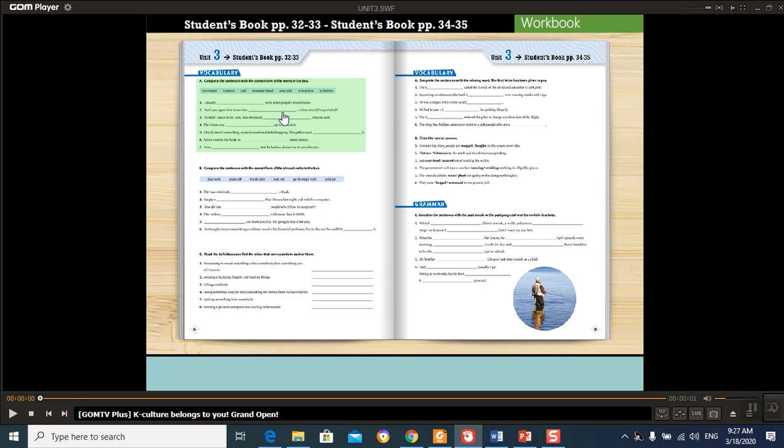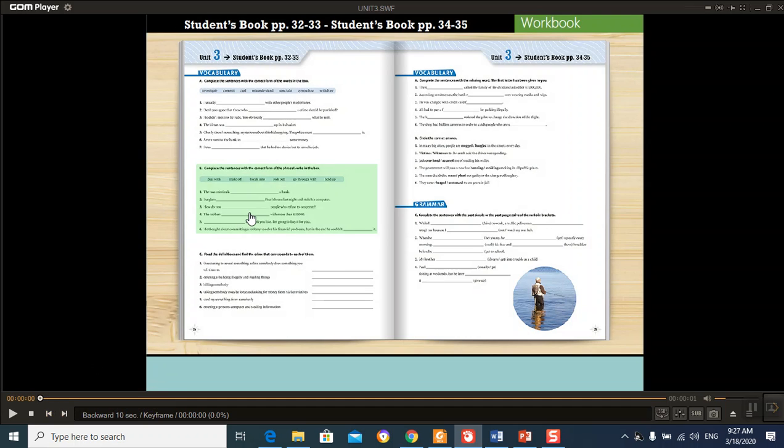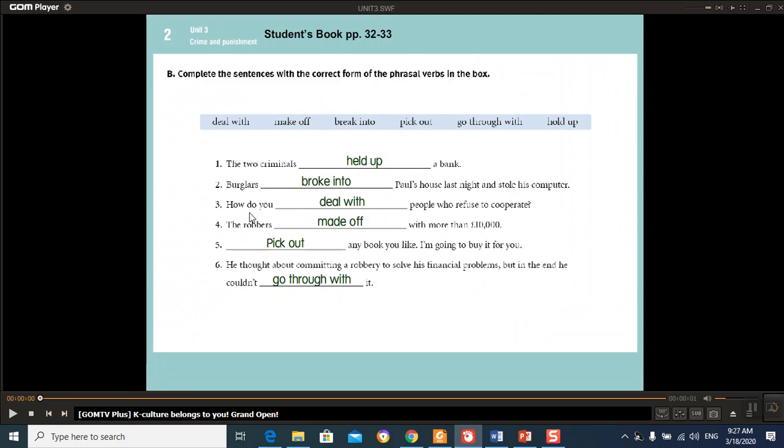So you go to your workbook, and remember the pages you need to answer these. So anything 32 and 33. Here are the answers. And the next exercise, here are the answers.